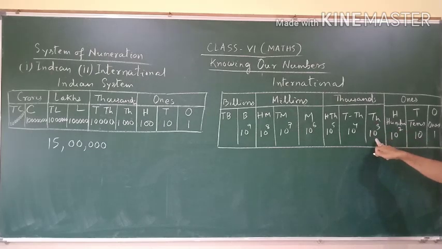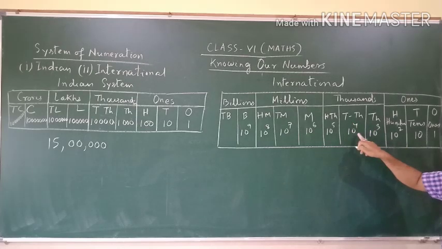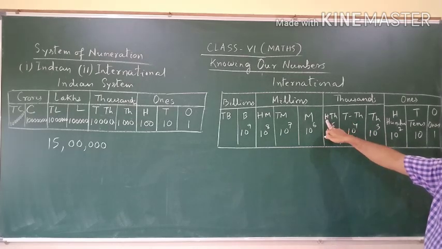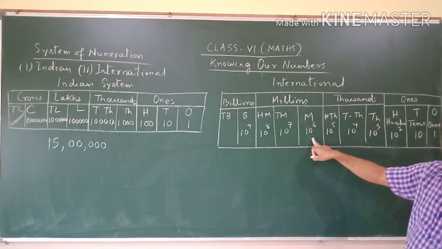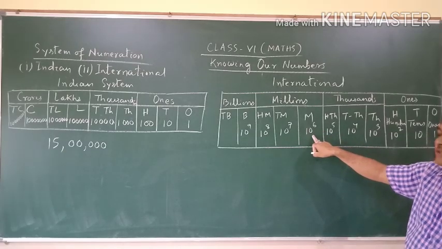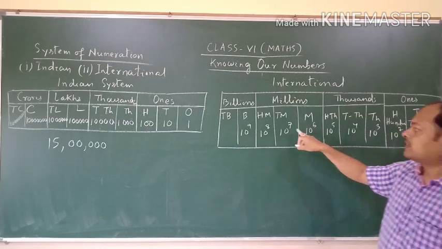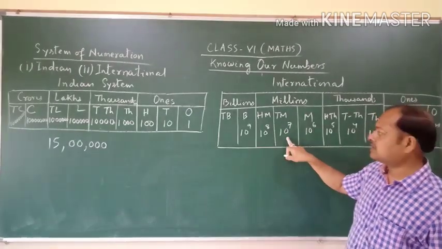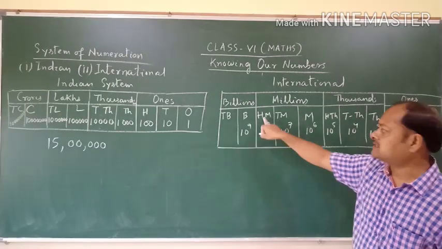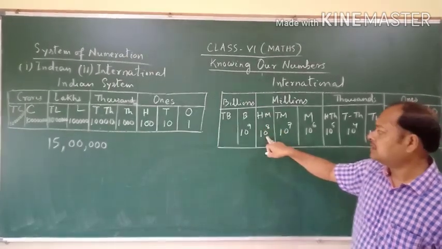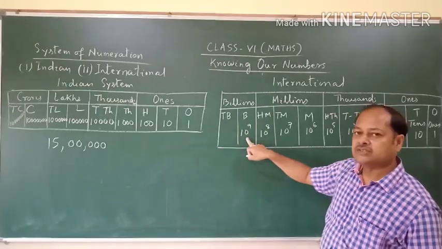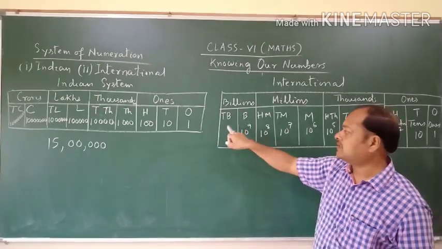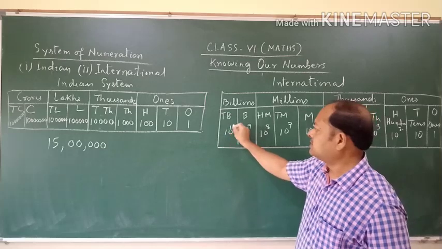So 1000 has 3 zeros. Next, 10,000 has 4 zeros. 100,000 has 5 zeros. Then 1 million, how many zeros are there? 6 zeros. 10 million has 7 zeros. 100 million, HM represents 100 million, has 8 zeros. 1 billion has 9 zeros, and 10 billion has 10 zeros.